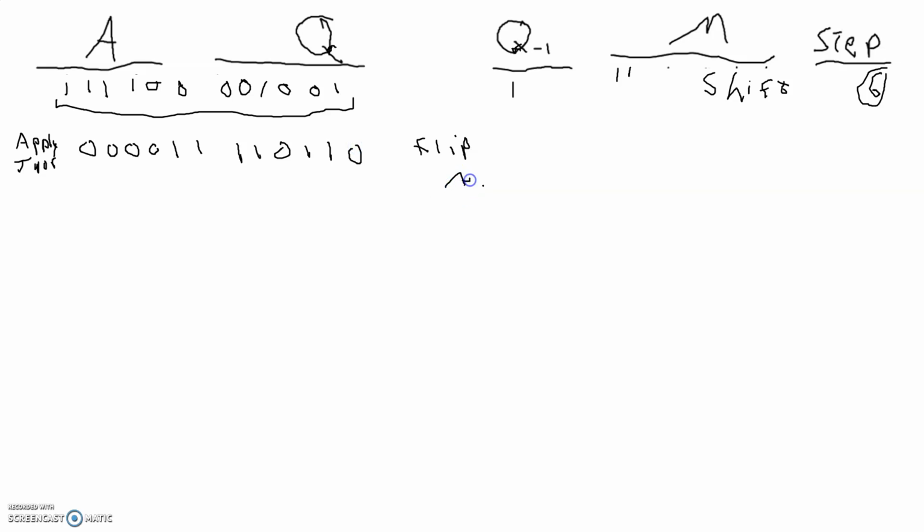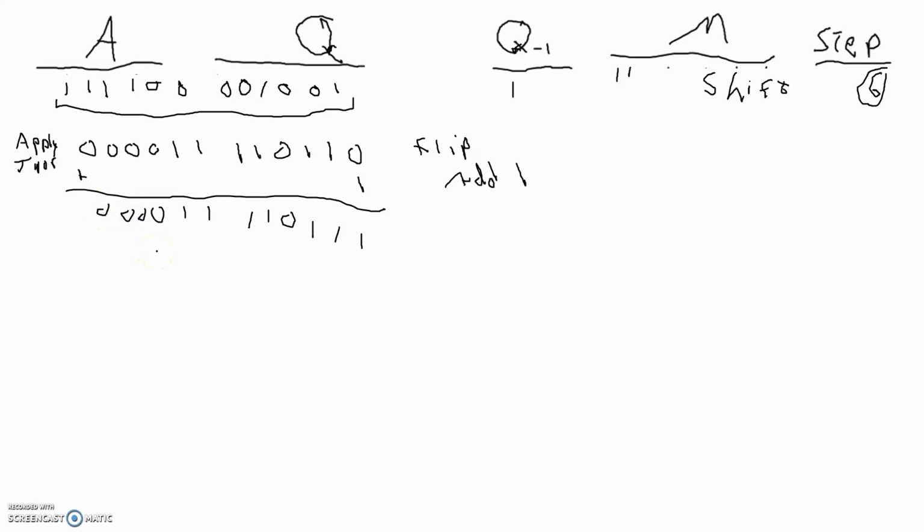And then we add 1. Plus 1. So 1 and 0 is 1. There's no carry, so these other numbers will just, in terms of the add, end up as those numbers.